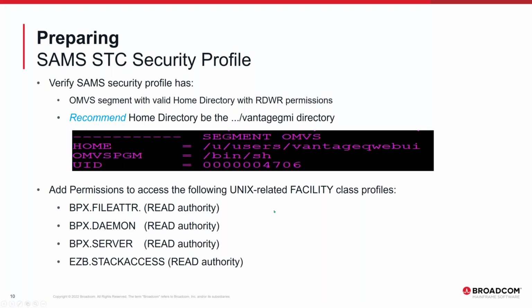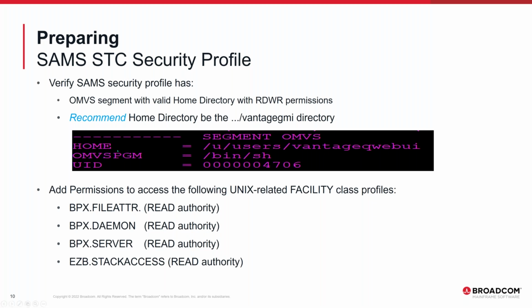I do recommend using the Vantage GMI directory as the home directory. I didn't list that here, it's just a different one. So to find the home directory in your security profile for SAMs, it would be listed under the segment of OMVS.